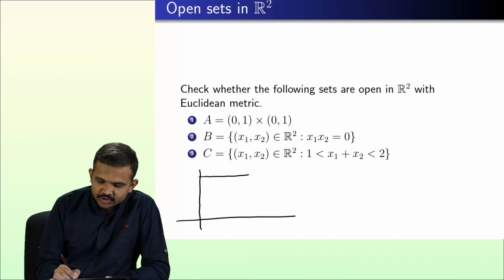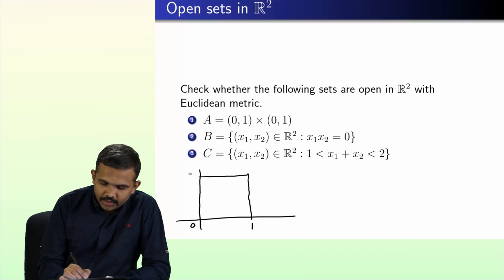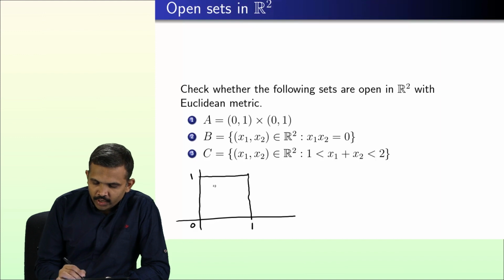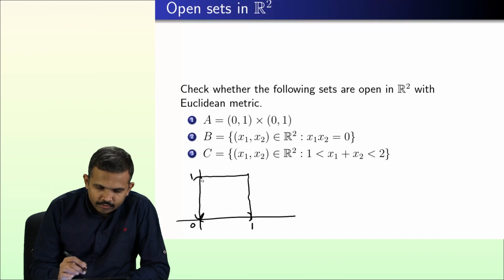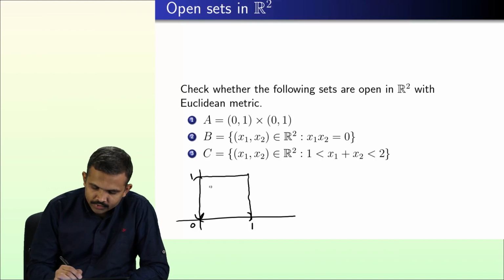If I am taking open (0,1) cross open (0,1), that means x coordinate as well as y coordinate lies between 0 and 1. So, it cannot take values 0 and 1, and hence it is this portion, the interior of the square excluding the boundaries.